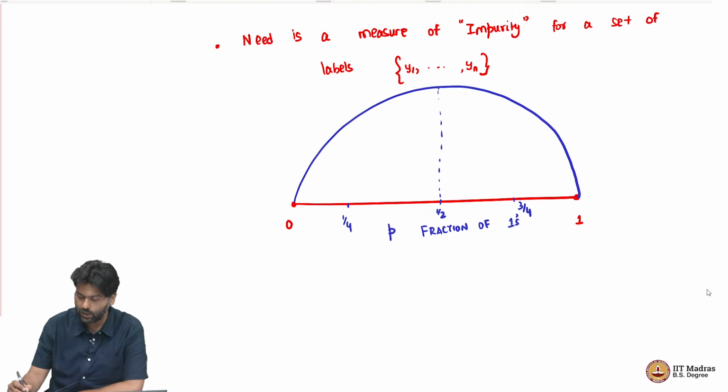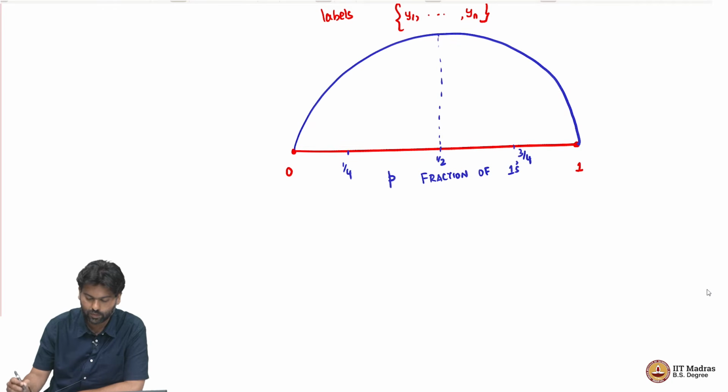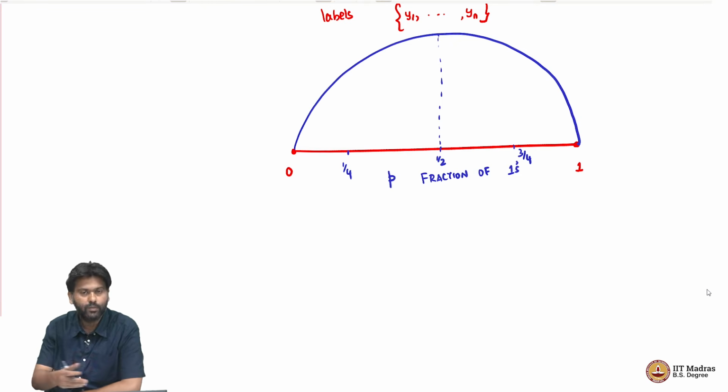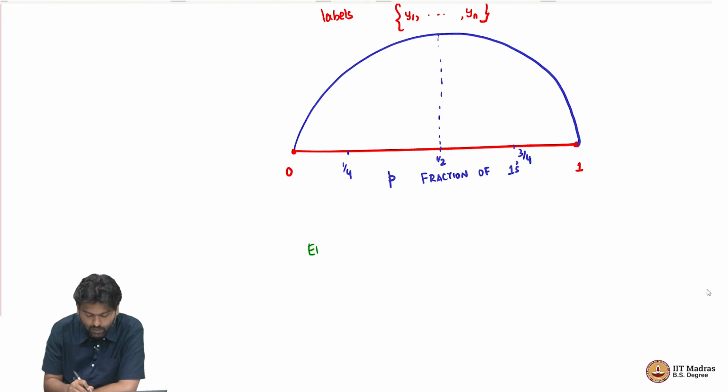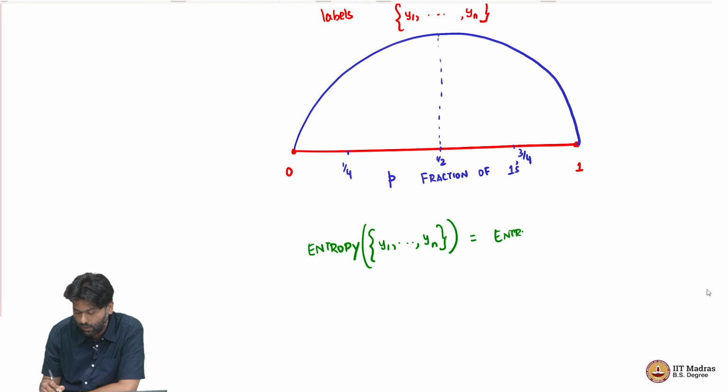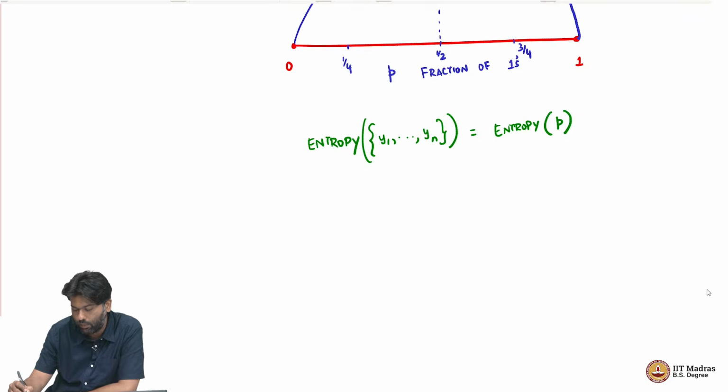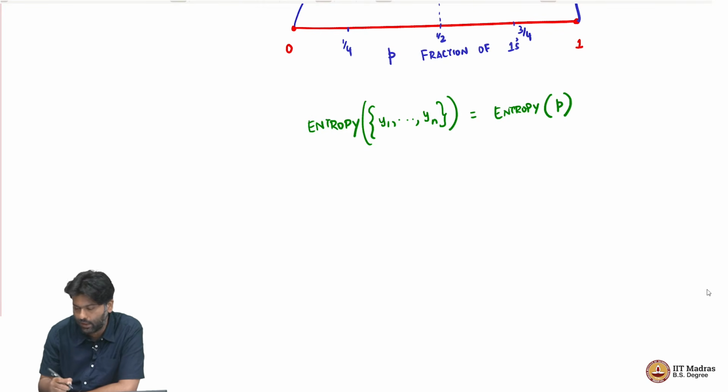One such function is what is called the entropy function. We could use many functions which have this property, but one popular function that people use is the entropy. You think of entropy for a bunch of labels, which is what we are trying to find out. It is just the entropy of the fraction of ones, because that is what determines how pure or impure this set of labels is.